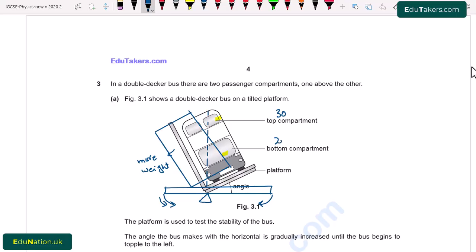So it must not be stable because the weight is not balanced between the two compartments, and it's more likely to fall over, because think about the center of mass first.